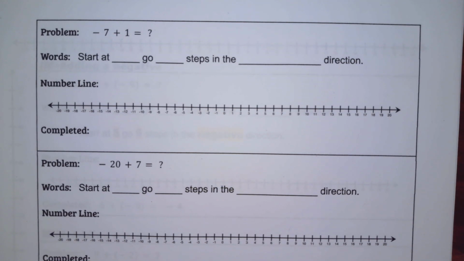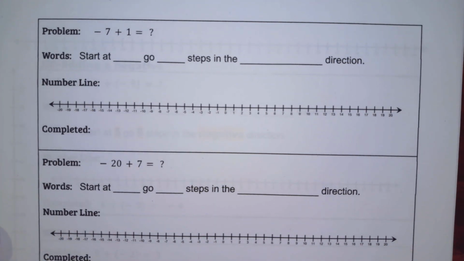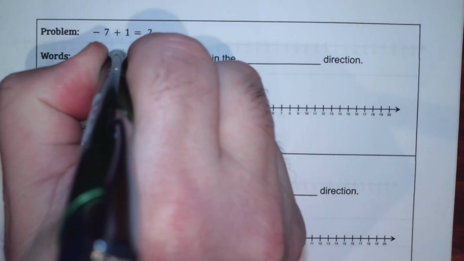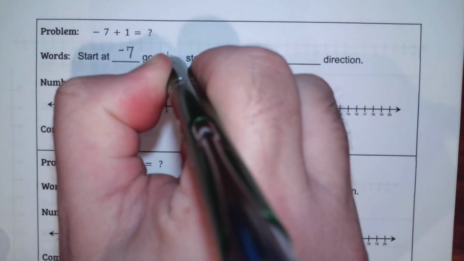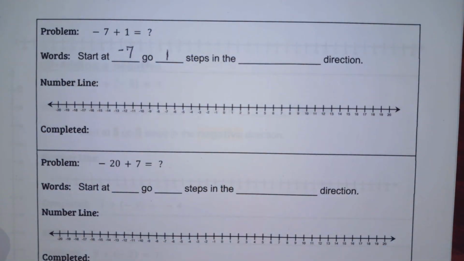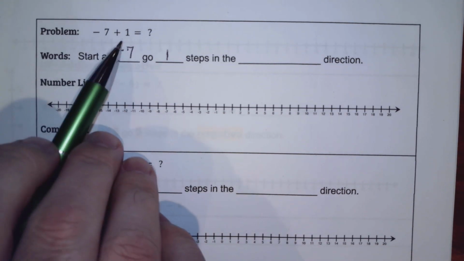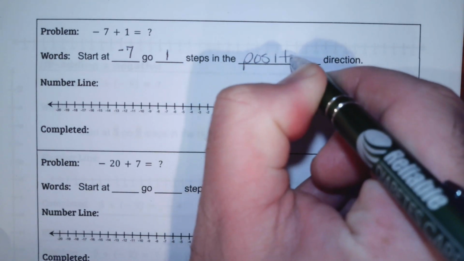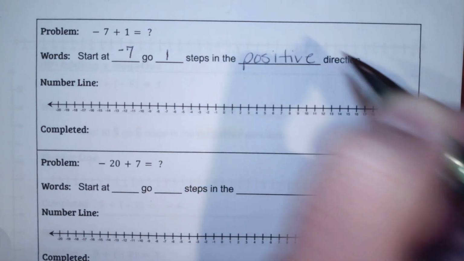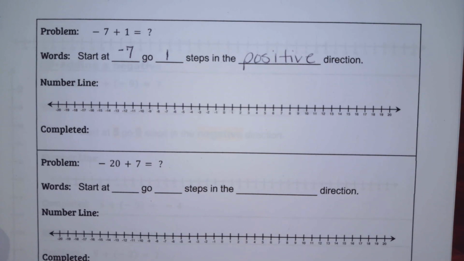On the next problem, -7 plus 1. So we start where? We start at -7. And we go how many spaces? We go 1 space. And we go in the positive direction because 1 is a positive. See if you can draw that on the number line.